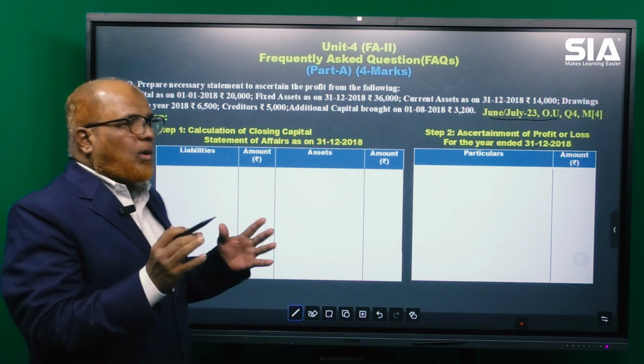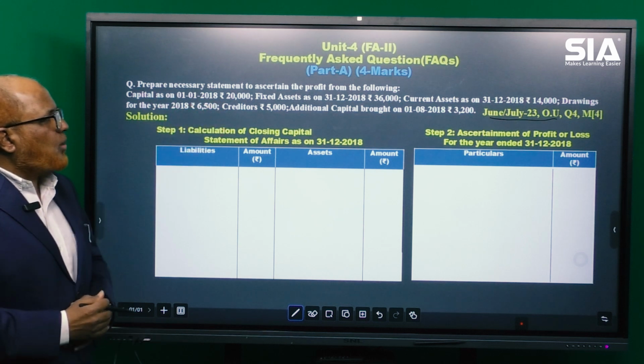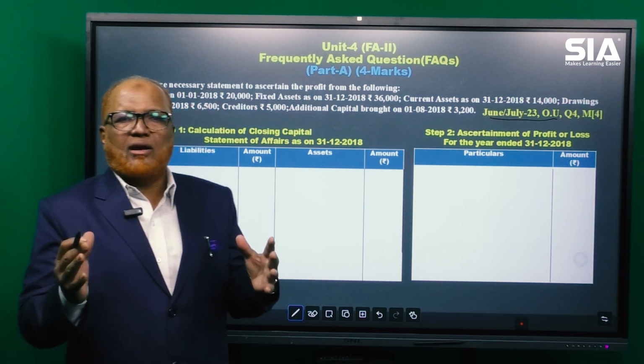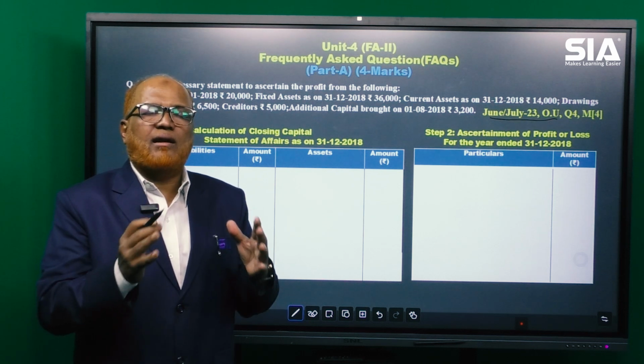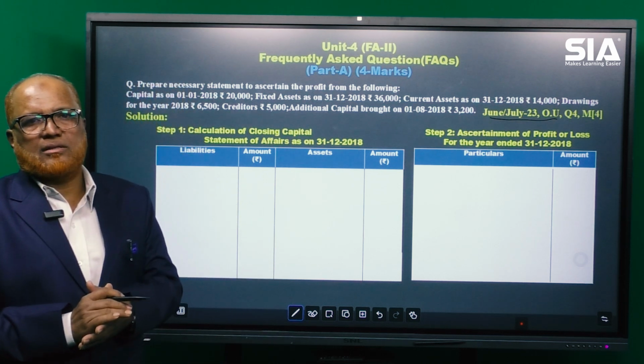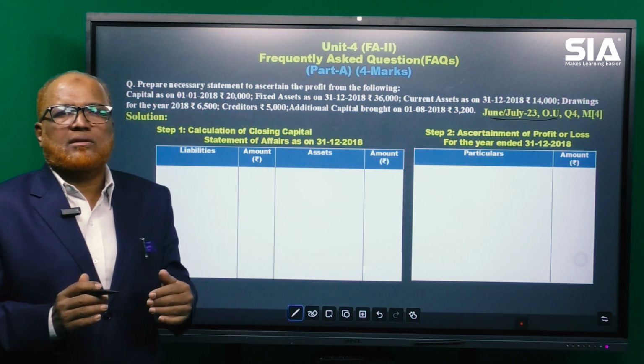The problem is: prepare necessary statement to ascertain the profit from the following. There are different methods of finding out the profit in single entry system. The first method is the statement of affairs method. By preparing the statement of affairs, we can find out the profit. How?